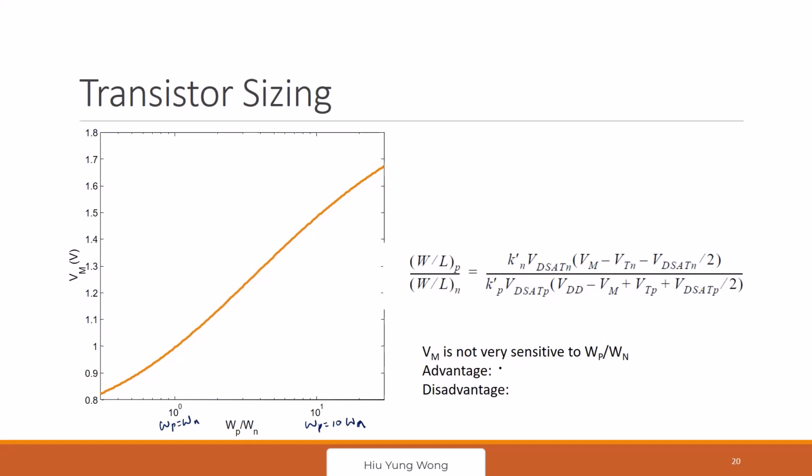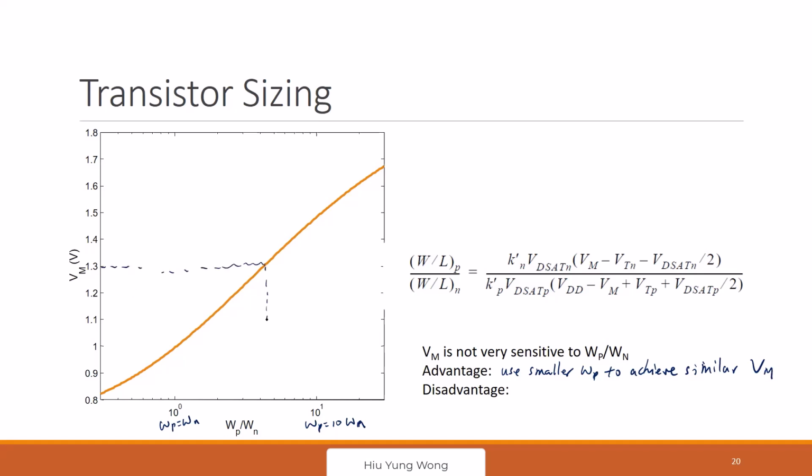Then it means that I can use a smaller WP to achieve a similar VM. For example, your boss or your customer says, hey, I want a VM equal to 1.3 volt.